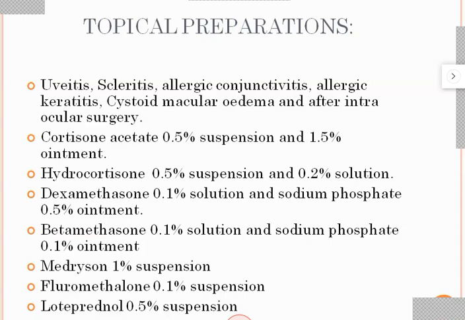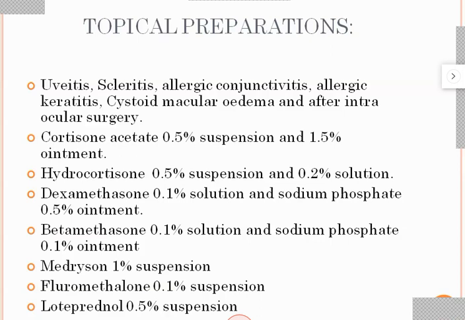Cortisone is available in the form of 0.5% and 1.5% ointment, and 0.5% suspension. Most widely used is prednisolone. Hydrocortisone is available as 0.5% suspension and 0.2% solution.